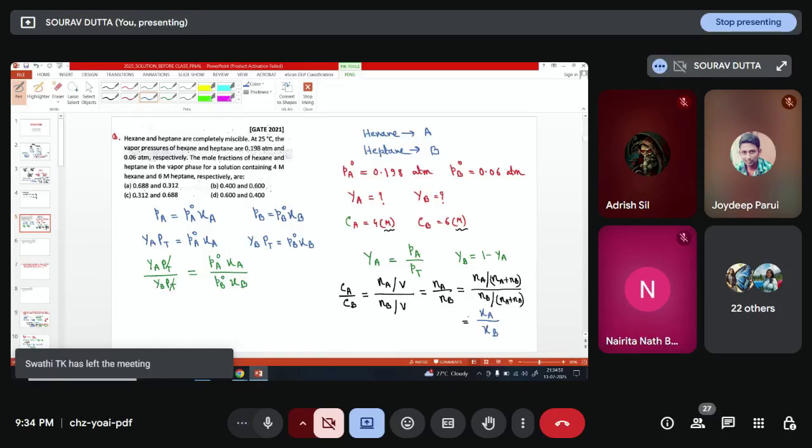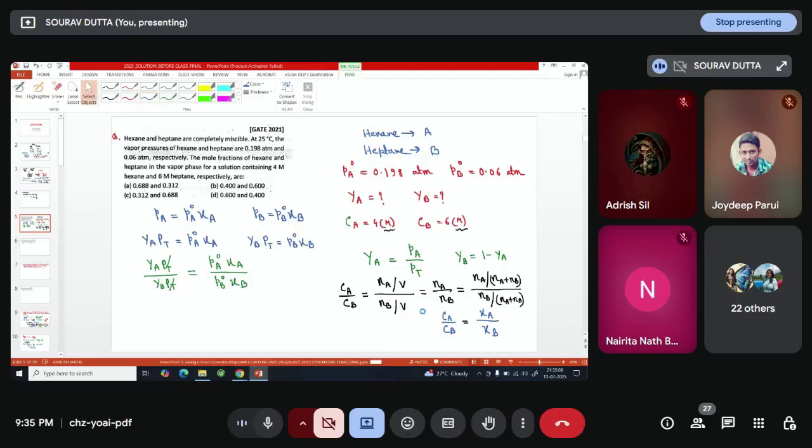So what is the conclusion from that? The ratio of molar concentration of A and B is similar to the mole fraction ratio of A and B in the solution. So now it is very easy for you. You can write in this way.